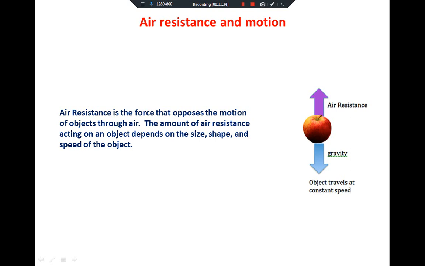In here, for air resistance, we also have what? We also have mainly 3 ones. First one is the size of the object, okay, the shape of the object, and speed of the object. These 3 will definitely affect air resistance.